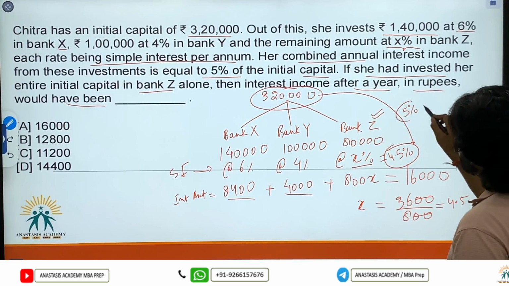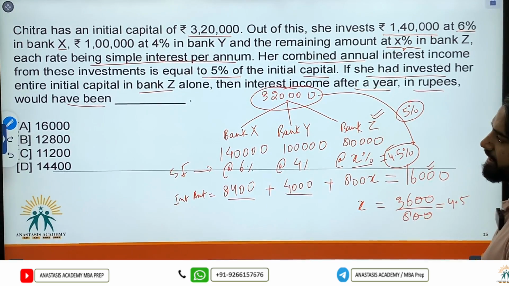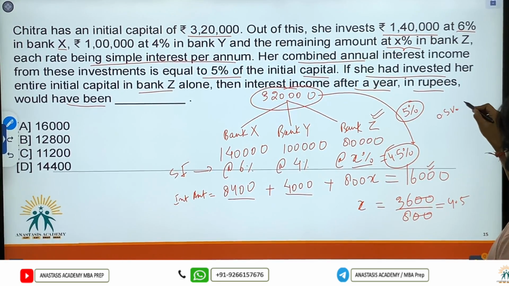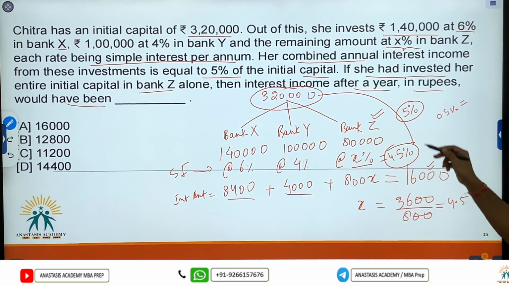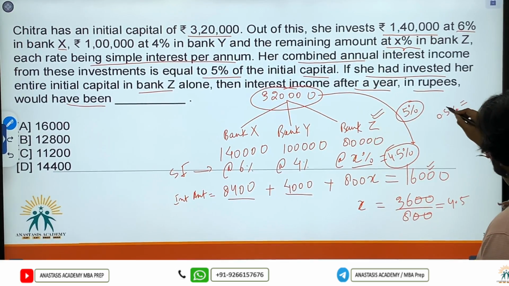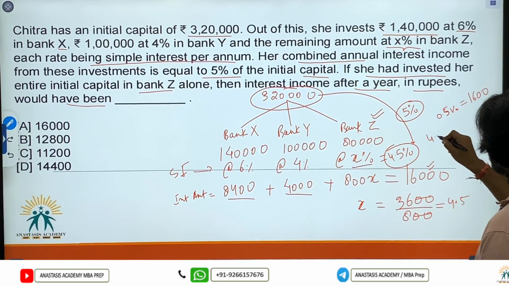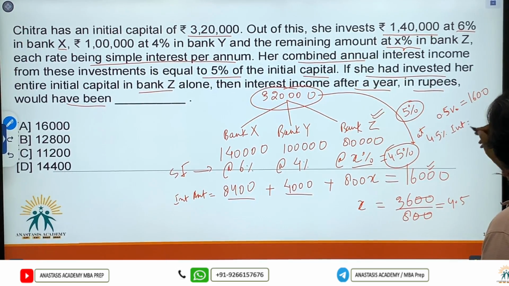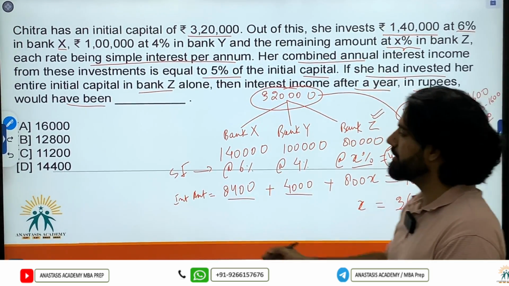I know the 5% interest is 16,000, right? 0.5% would be a tenth part of this, which is 1,600. So at 4.5%, the interest amount would be 16,000 minus 1,600, which is equal to 14,400. Correct answer would be option B.